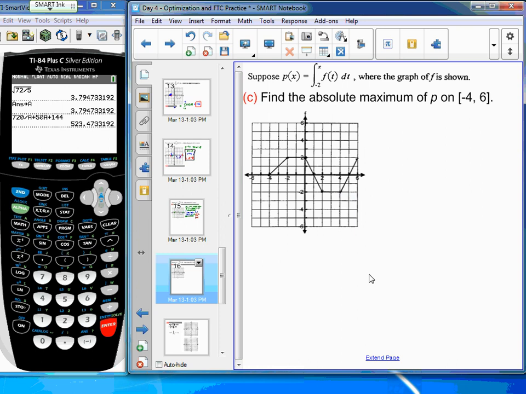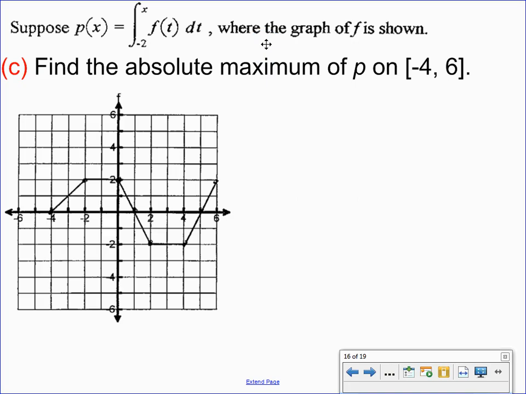We make an XY chart, and on that XY chart, we include my endpoints in the interval and any critical values in between. So here we go. Instead of an XY chart, this is going to be an x, P of x chart. What are we putting on it? We're putting in critical values and endpoints. So we need -4 and we needed 6. We'll include any critical values along the way. It looks like P prime equals f has zeros at -4, which is already on there, 1 and 5.